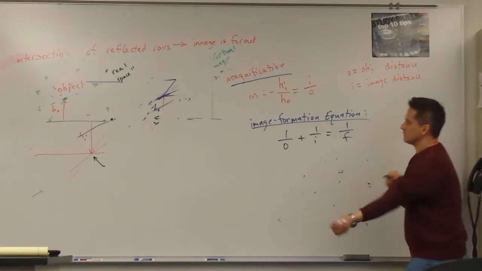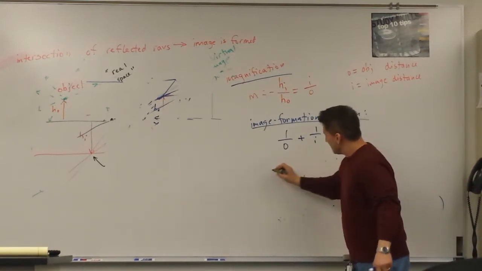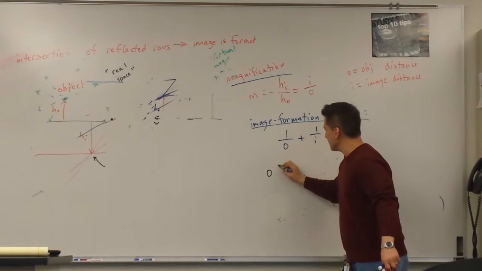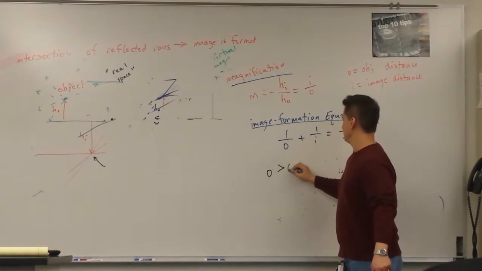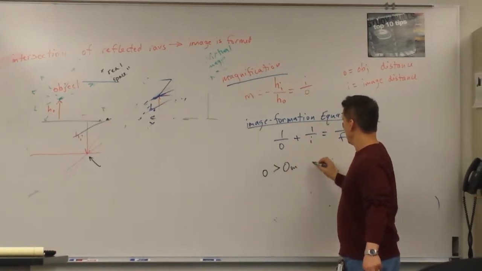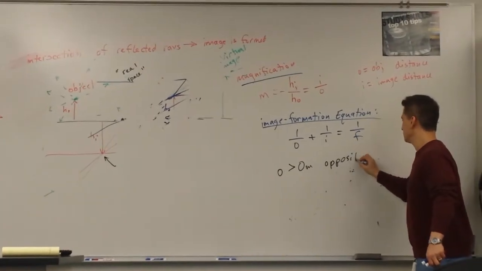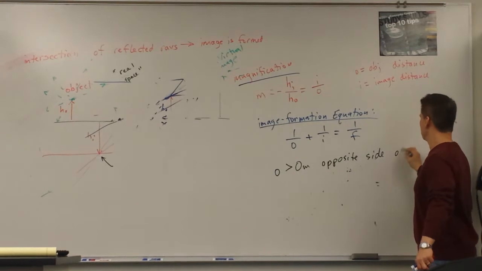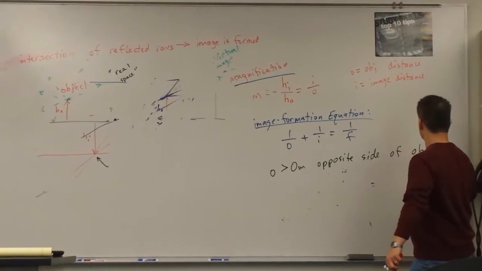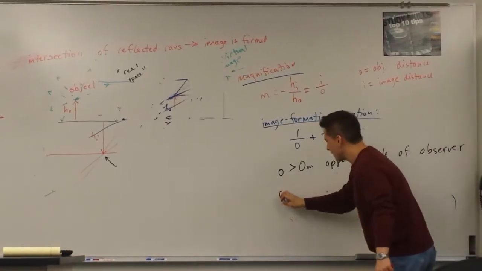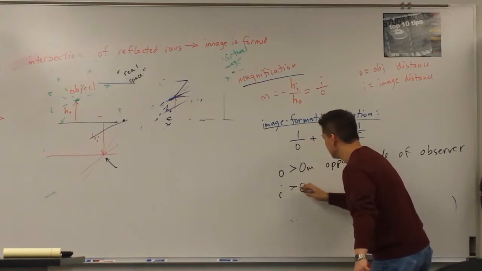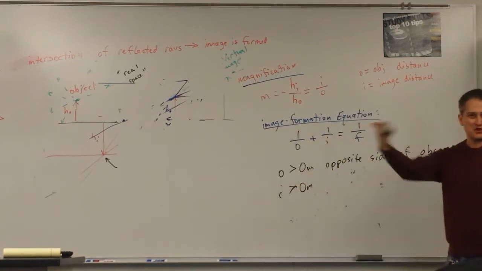So O is positive when it's on the opposite side of the observer. I is positive when it's on the observer's side.